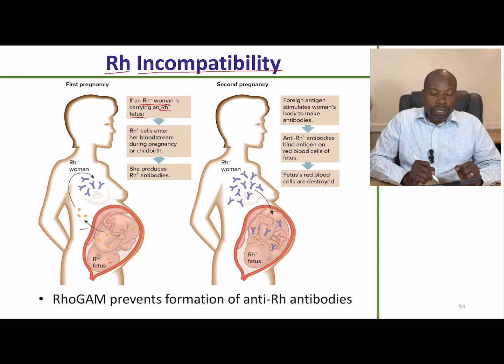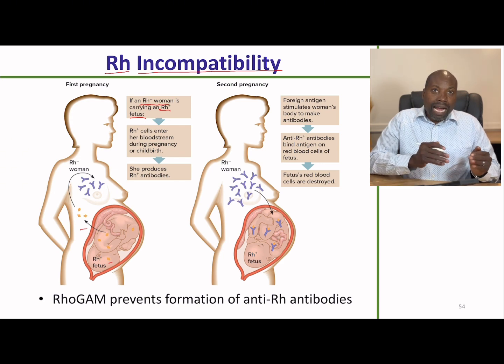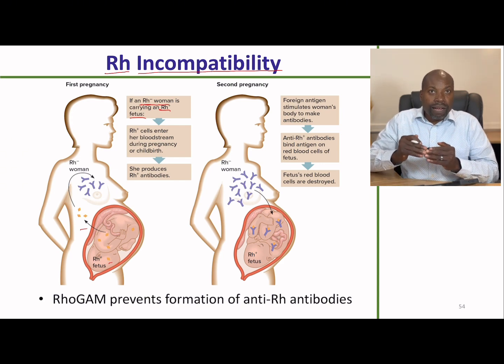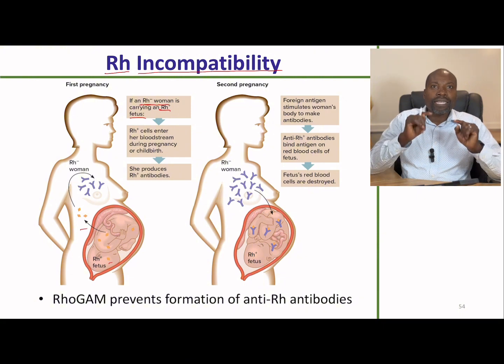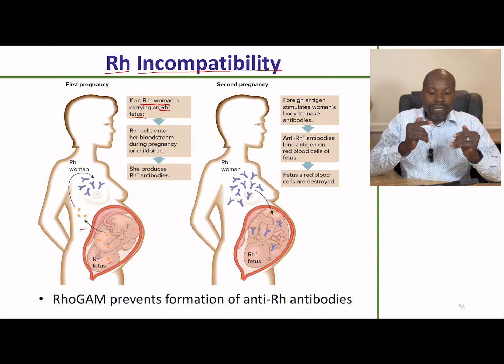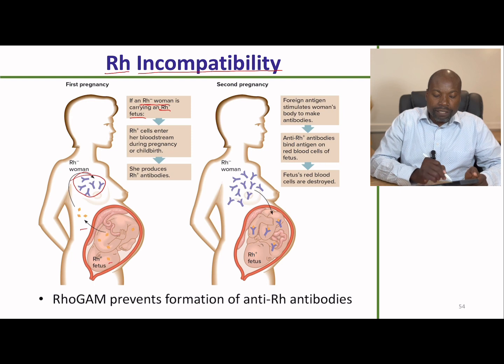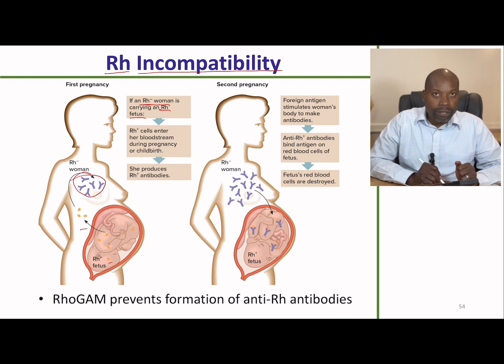And at that point, mom, now coming in contact with a rhesus factor, which is at that point an antigen, is going to produce antibodies against that rhesus factor.